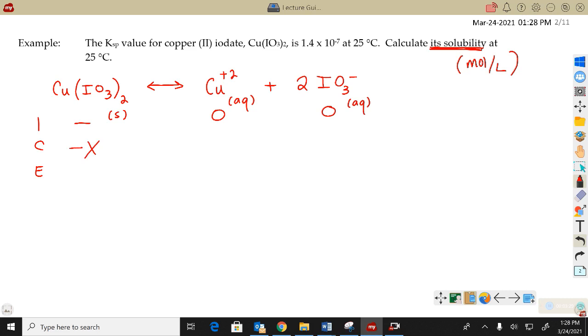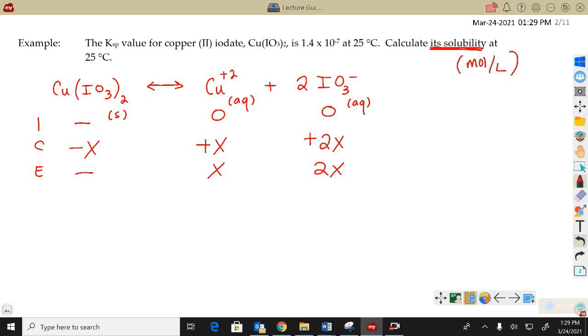And whatever amount of solid does dissociate, then I'll get that much copper ion, and I'll get twice as much of the iodate. So we'll just put it in as X and 2X. So that at equilibrium, I don't really care how much solid is left over because I'm not going to use it. But I could say then that the amount of copper ion is X and the iodate is 2X.